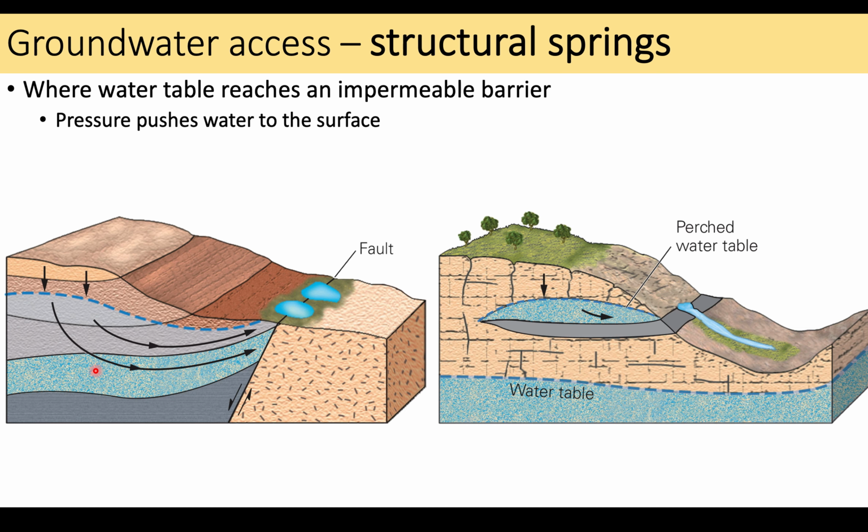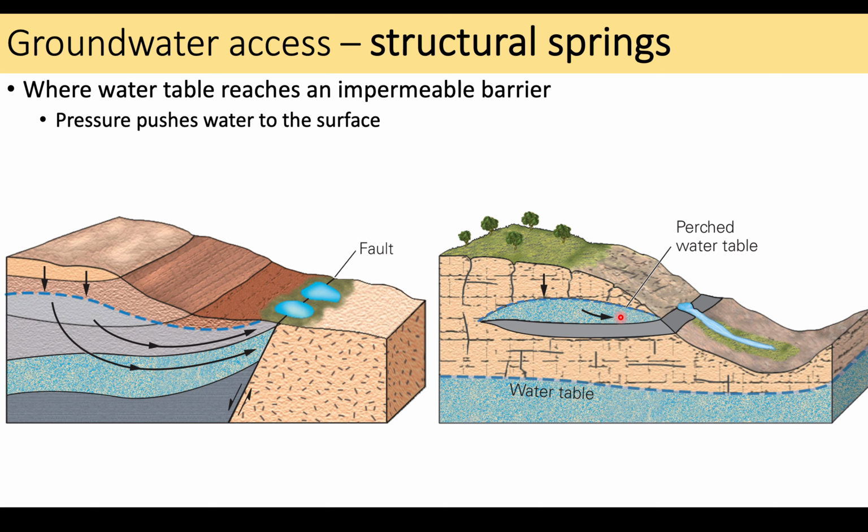We have an aquifer layer with our water in it. It meets a fault line where it meets a different type of rock. The pressure of this water moving and hitting the fault, where it can no longer pass through because it's a different type of rock, means the water is going to come to the surface right at that fault line. So we're going to have a structural spring. It's a spring here due to the fault line.